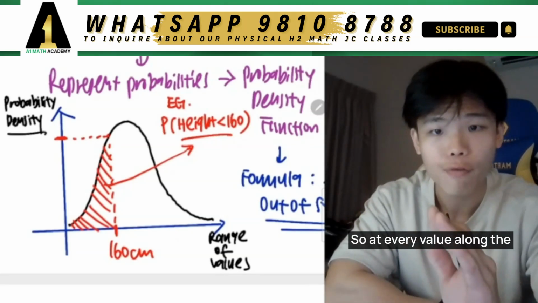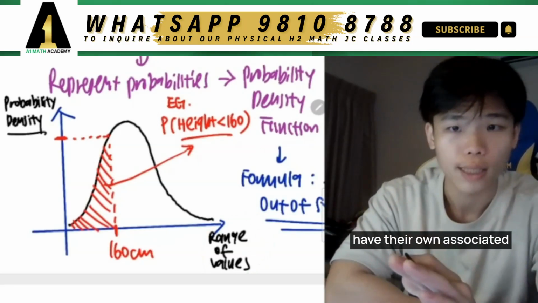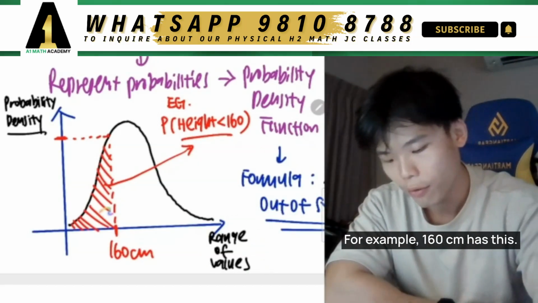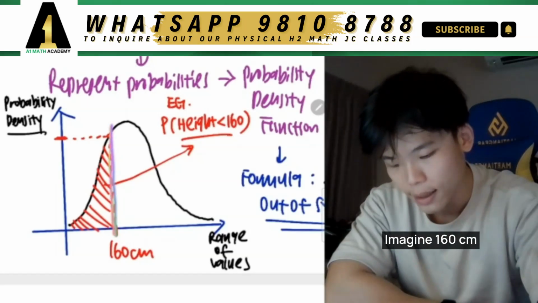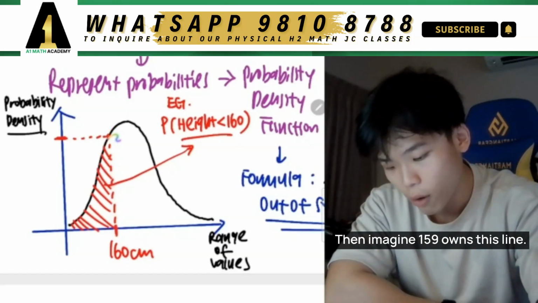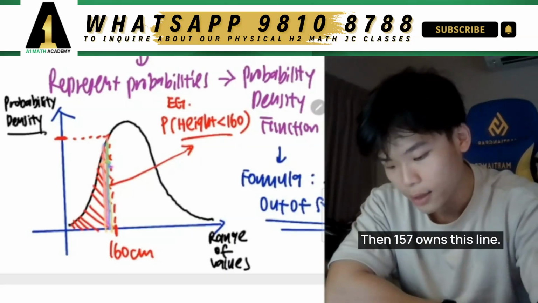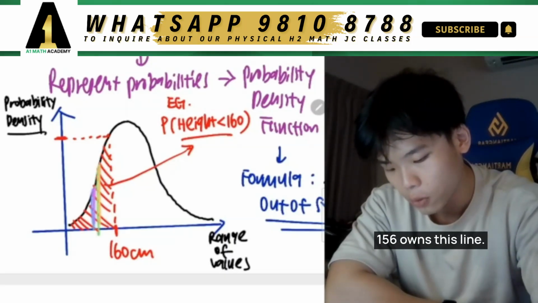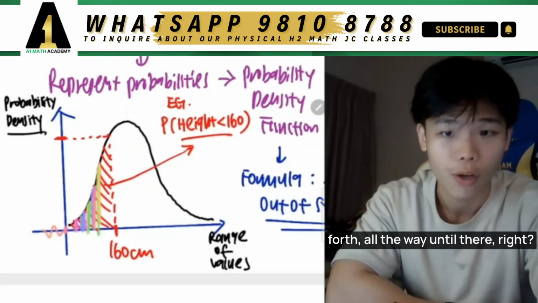So at every value along the range of values, they have their own associated probability density. For example, imagine 160 cm owns this line, then 159 owns this line, then 158 owns this line, then 157, 156, 155, 154, 153 each own a line, and so on and so forth, all the way to the end.